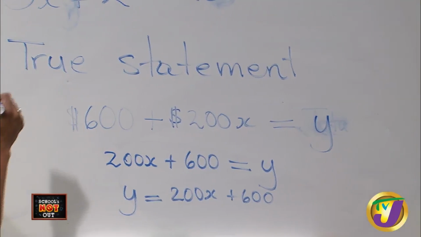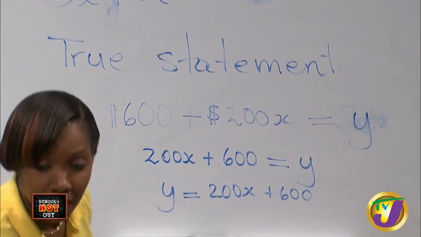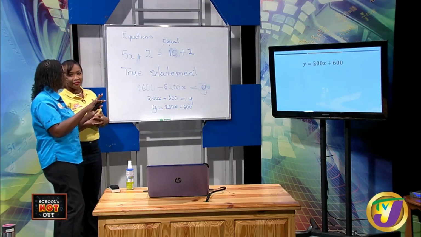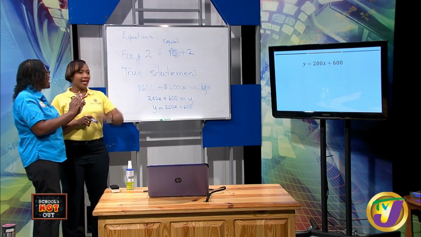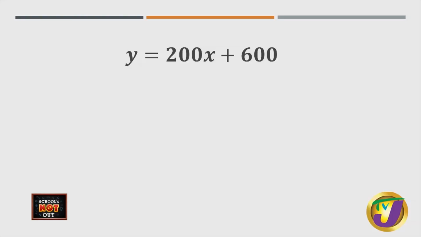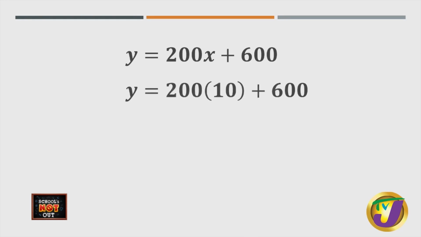Let's see what happens. As a matter of fact, let me save you some trouble. I know our students are lightning fast, they are brilliant, and 10 is a pretty easy number to use. So there's your substitution. Where X is, we have our 10. 200 times 10.